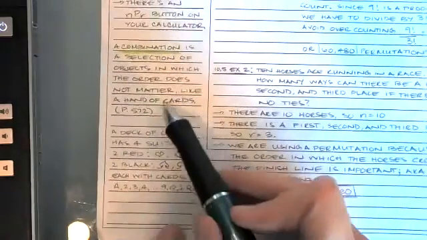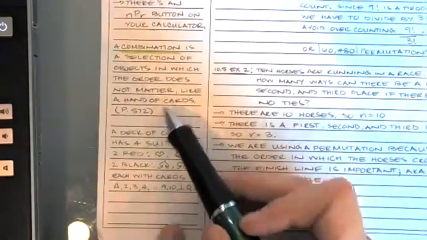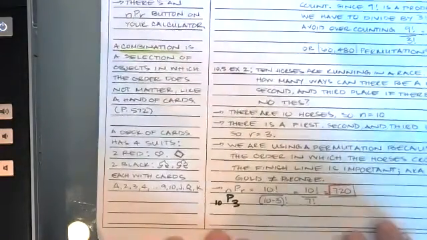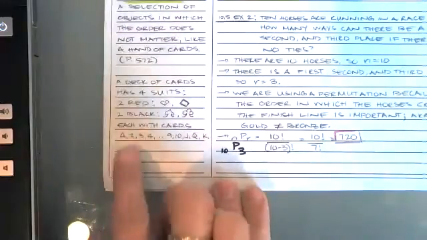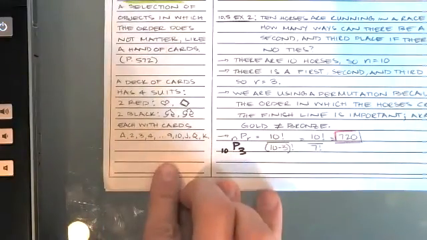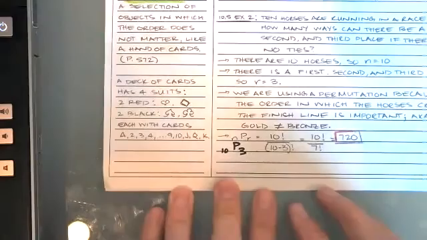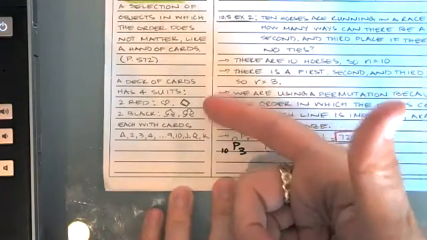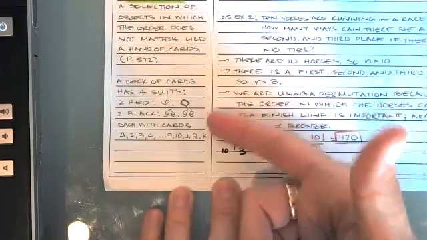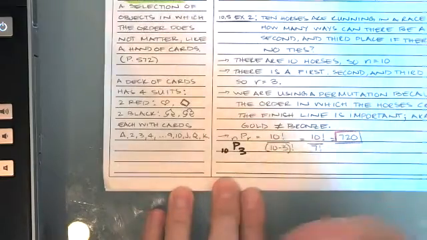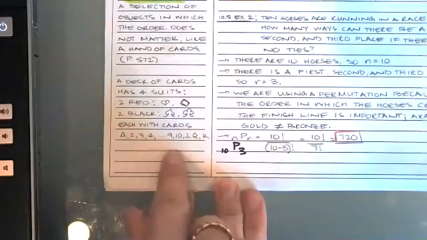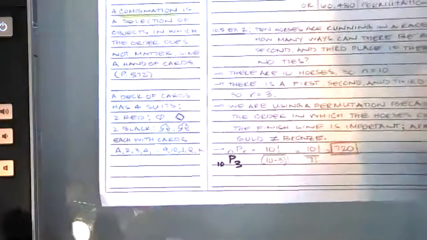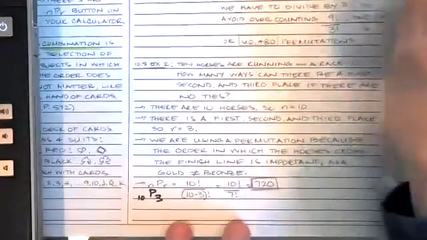So I tend to circle the C from cards and the C from combination, just so I have that mnemonic device of which is which. And I've outlined here for you what's in a deck of cards in case your family doesn't play cards. So there's 2 red suits, the hearts and the diamonds. There's 2 black, the spades and the clubs. And each suit has 13 cards from ace all the way up to king. So you'll be expected to know that for some of our questions.